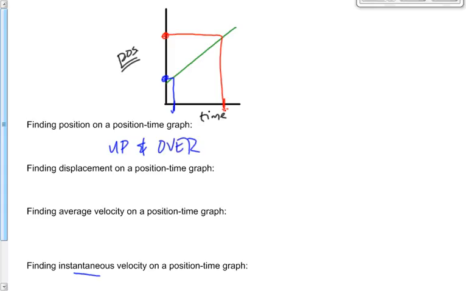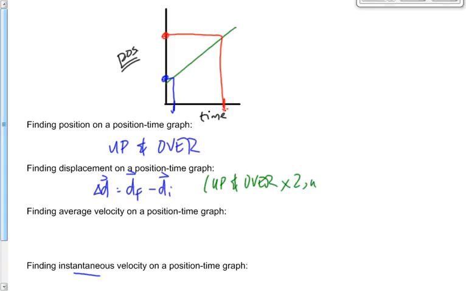What about displacement? What's displacement defined as? Change in position. So displacement is going to be the final position minus the initial position. So in other words, it's up and over times 2. Up and over, and then subtract.